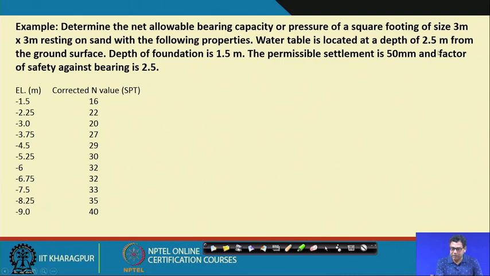The water table was 2.5 meter from the ground surface, depth of foundation was 1.5 meter, permissible settlement was 50 millimeter, the factor of safety against bearing was 2.5, and the N values were given.